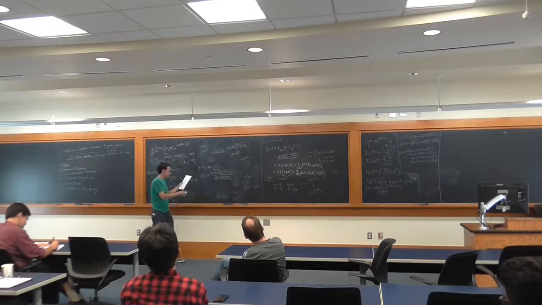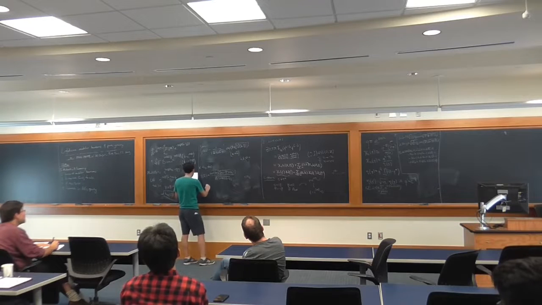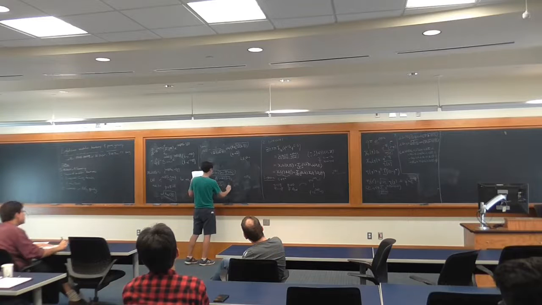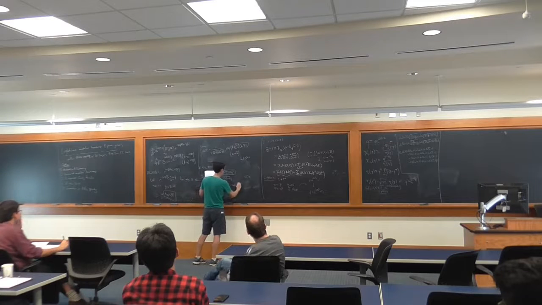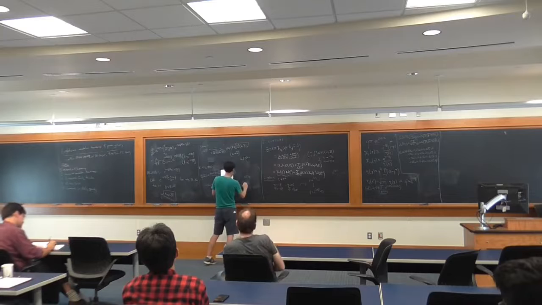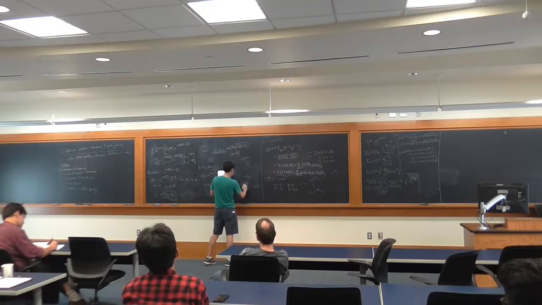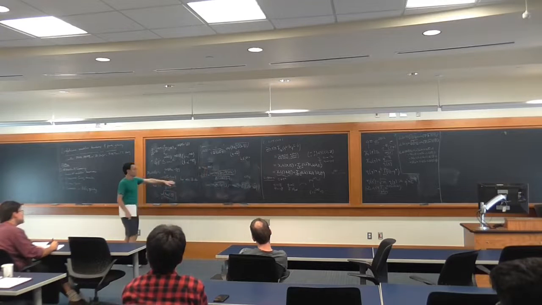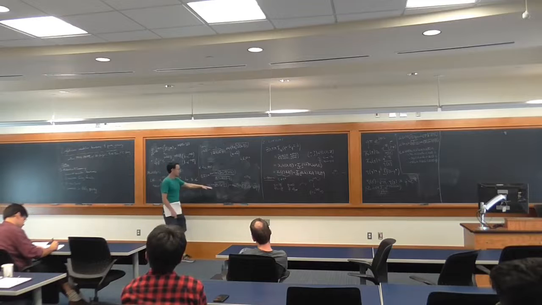But now there's a slightly more complicated formula given by the difference of two quotients. These quotients are the same, except this is c minus 1 over 24, and this is c minus 25 over 24.